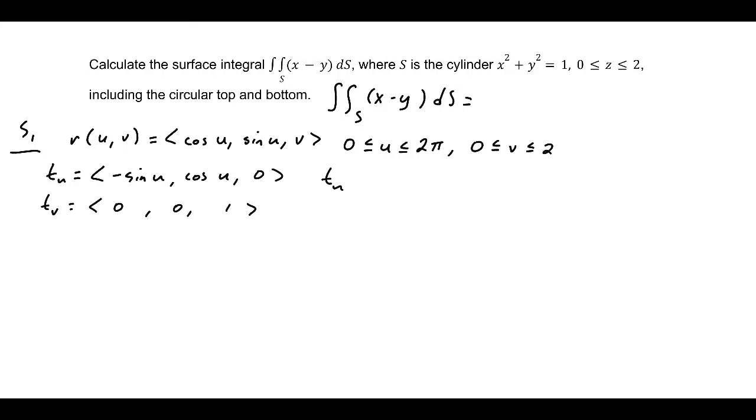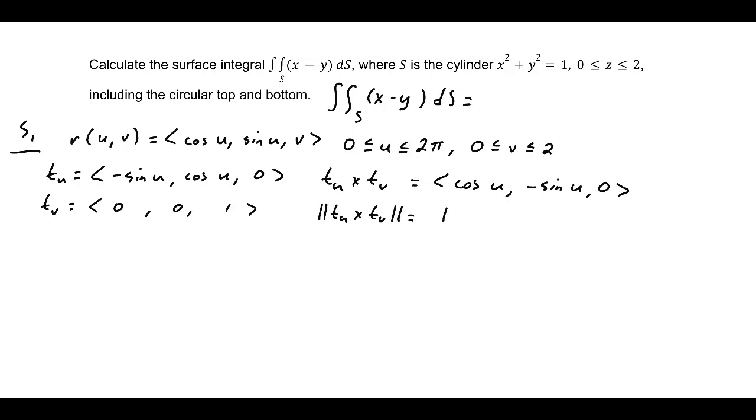T sub u crossed with t sub v then is equal to angle bracket cosine u, comma negative sine u, comma 0, and the magnitude of t u cross t v is then equal to 1 because of the Pythagorean identity.